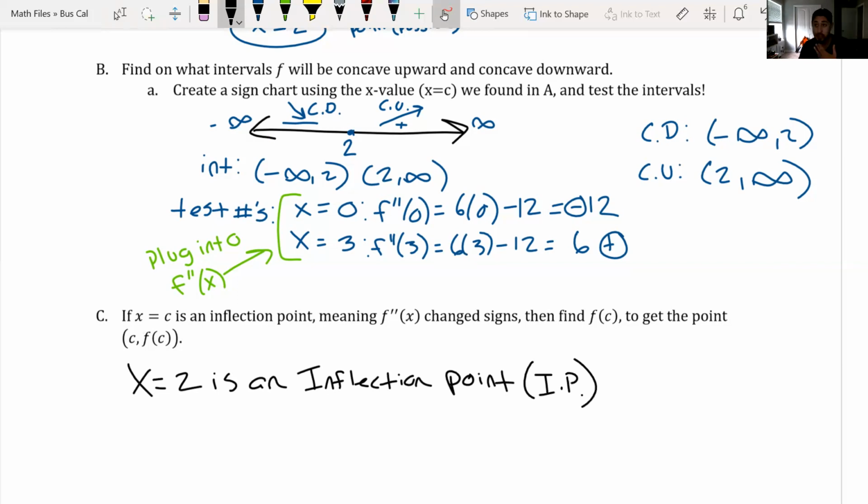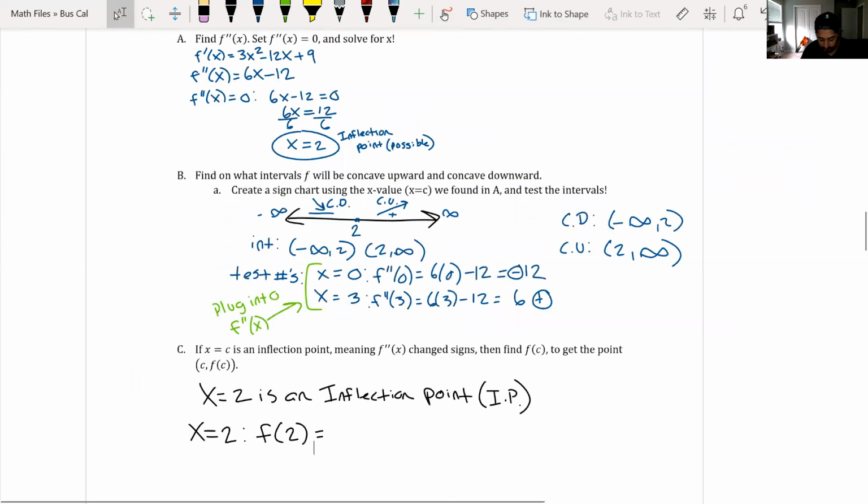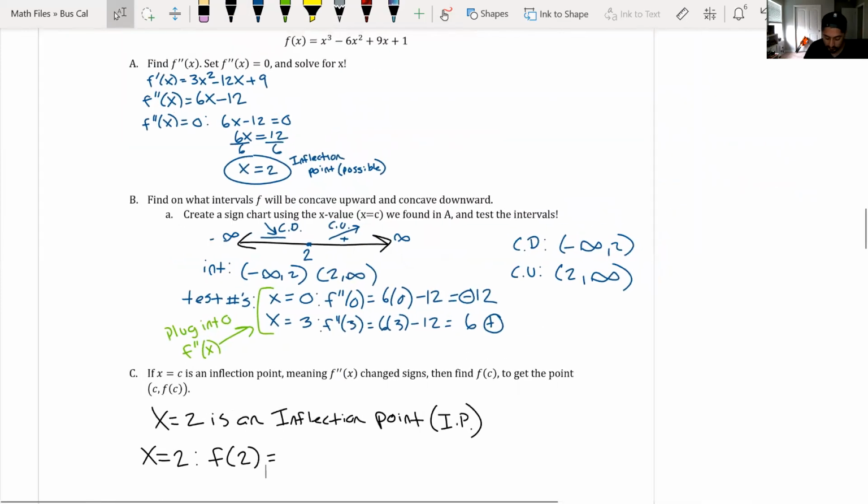Which means that since it's an inflection point, we need to plug it back into the original function to find the exact point of inflection. So we take x equals 2, plug it into the original function for f of 2. And now what is that function? There it is up there.